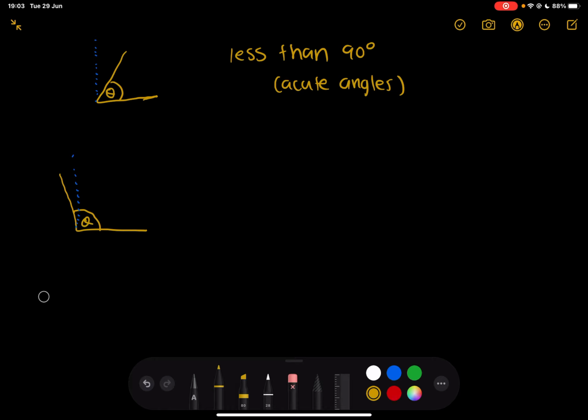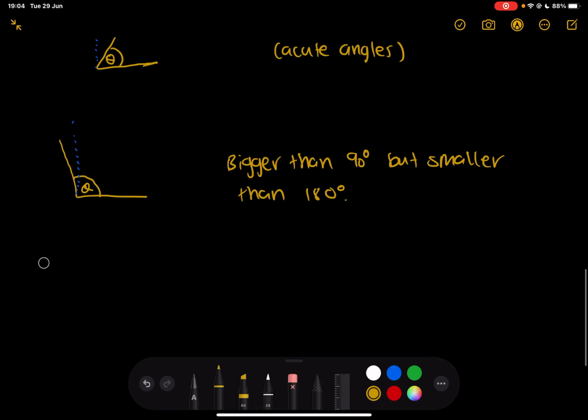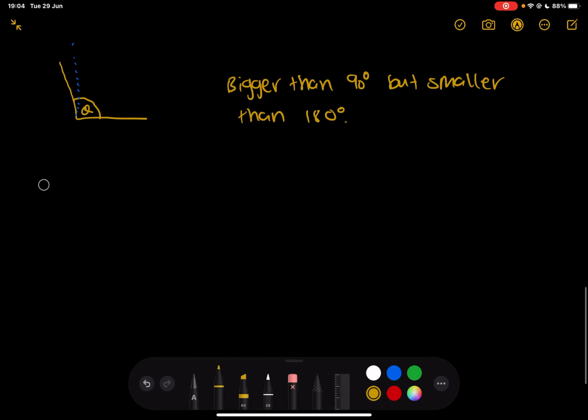Obtuse angles are bigger than 90 degrees, but smaller than 180 degrees. Then we have reflex angles.